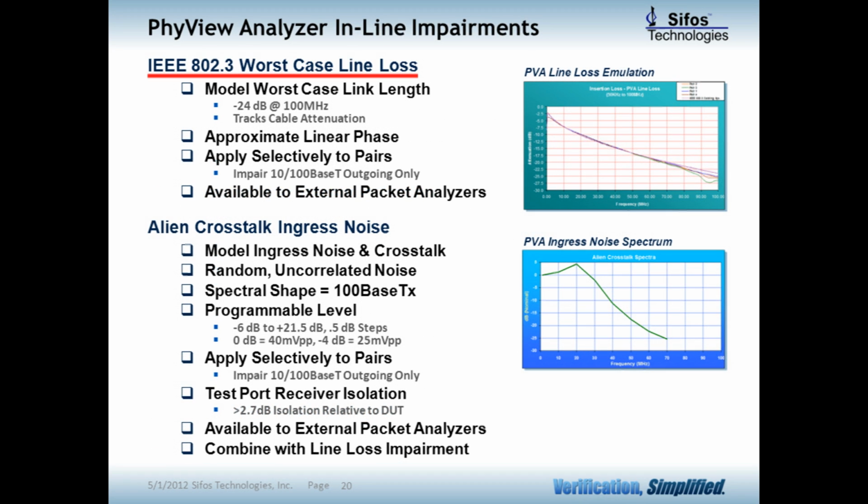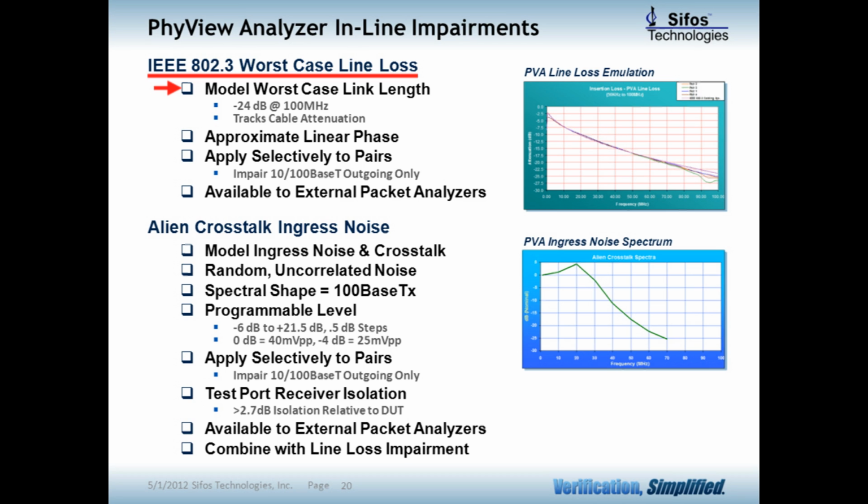Each PhyView analyzer test port includes an electronic filter to model 802.3 worst-case insertion loss. One might think of this as a 100-meter spool of Category 5 cable, though in reality it is a slightly more severe impairment than that, as it produces minus 24 dB attenuation at 100 megahertz.